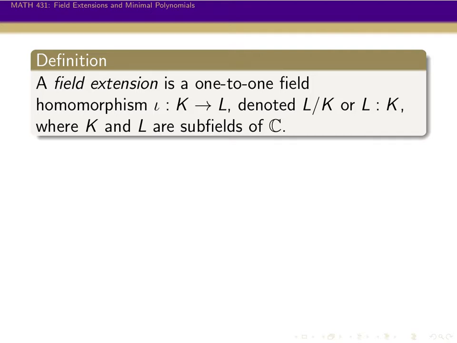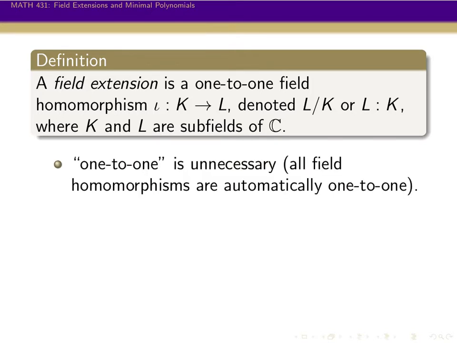The field extension is a one-to-one field homomorphism between K and L. But usually we're going to drop talking about this homomorphism at all, and we'll just talk about it as being the relationship between K and L. We'll usually call the field extension L over K. Usually I'll probably use L slash K, although a lot of people use L colon K. So a couple of things to note about this definition, and this is also part of the reason why people don't particularly love it.